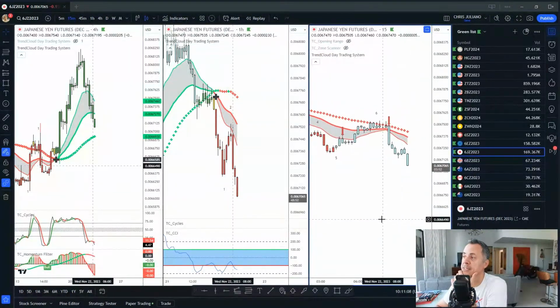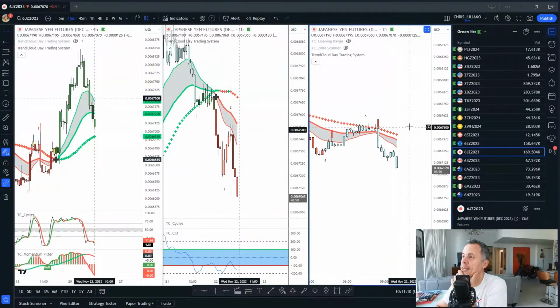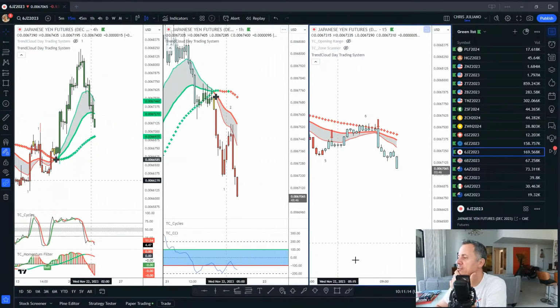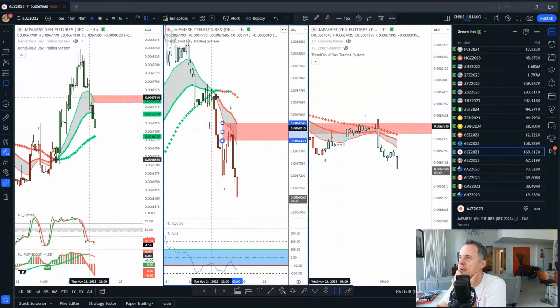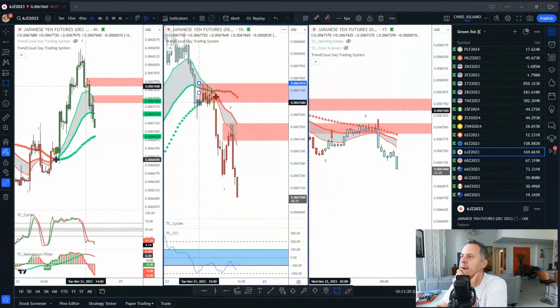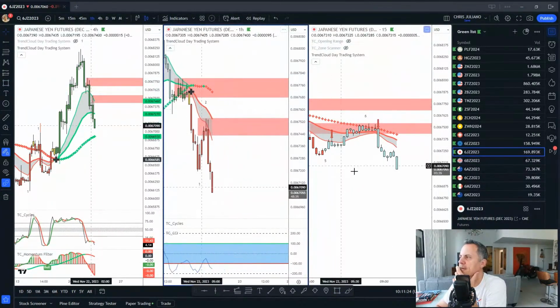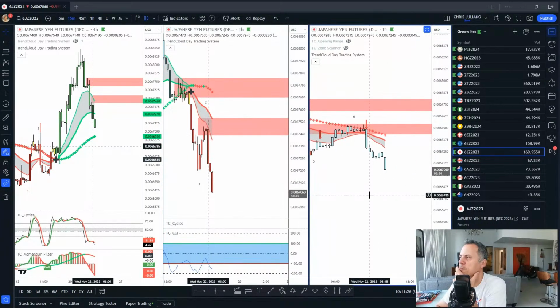Extended on the 15-minute. So that means we're going to have some kind of pullback above here. And we do have that area right here. And there. Okay, so we got two zones to work with here.